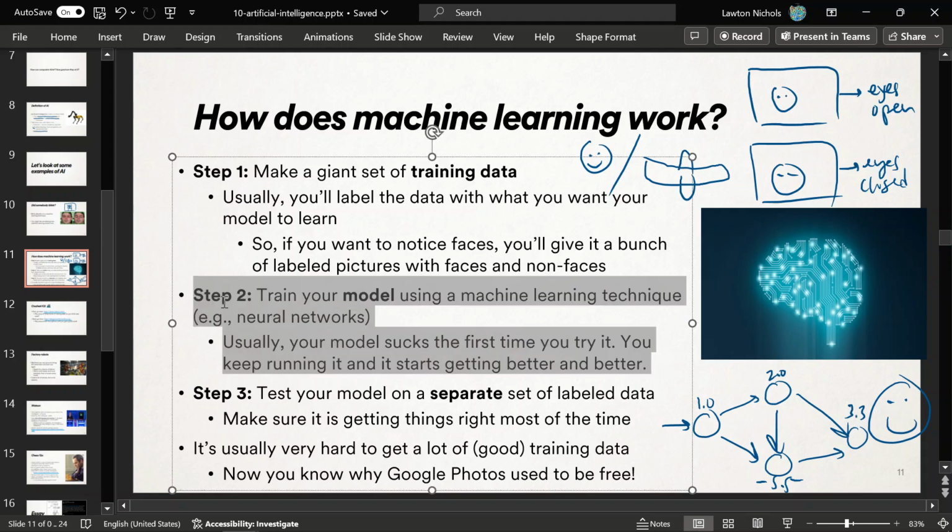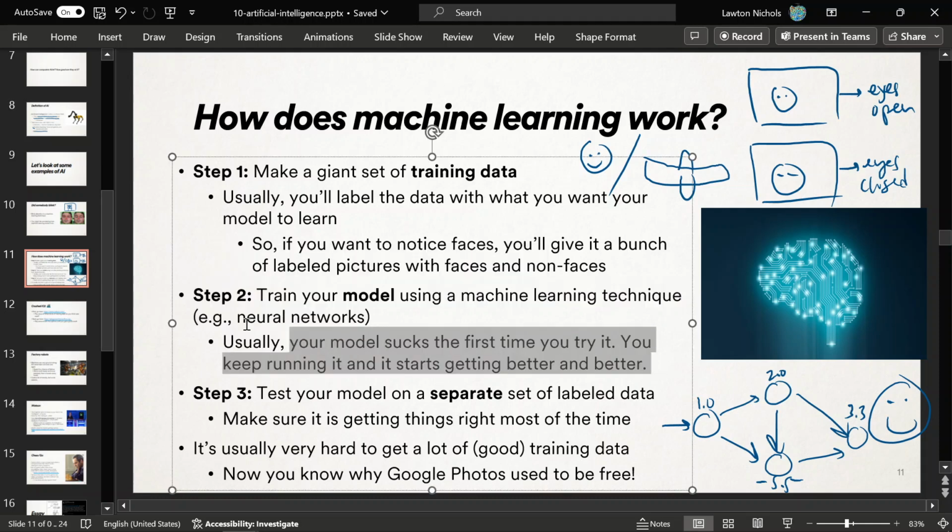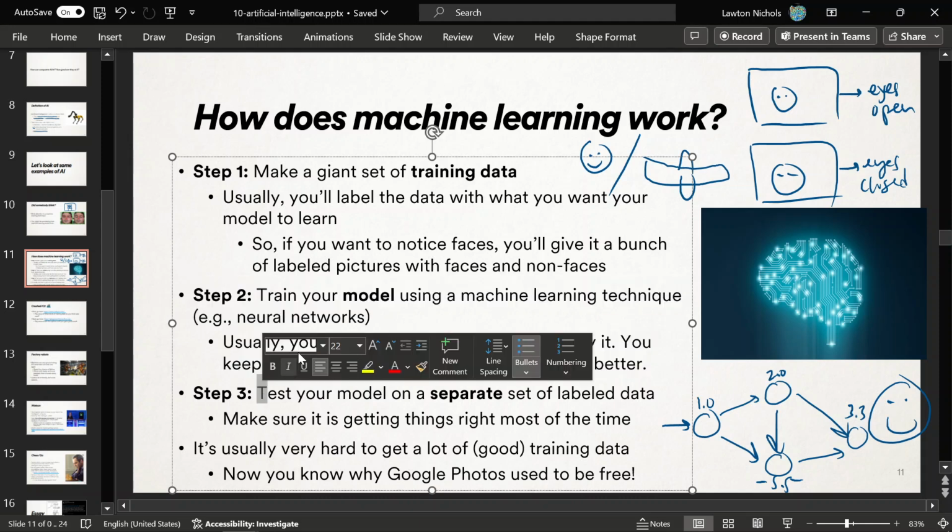And then finally, you've built this model. It's doing really well on the training data. You want to make sure that it didn't just memorize the training data. You could think of somebody studying for a test and just memorizing answers. They're not really understanding the concepts. You want to make sure that your machine learning model really does detect faces. So you want to save some of your training data and not train on it.